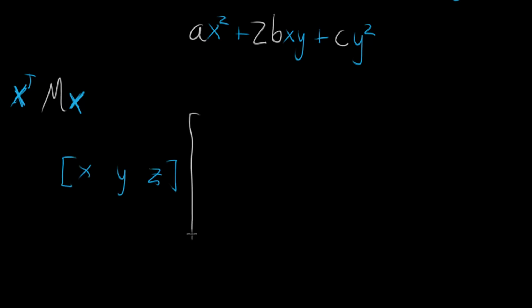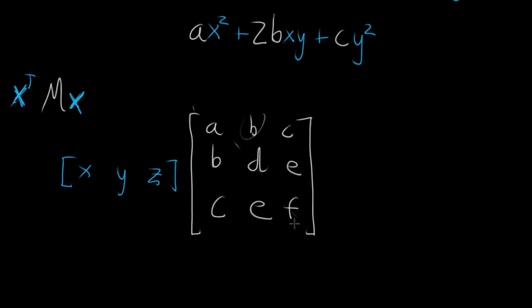And then our matrix, let's say it was A, B, C, D, E, F. And because it needs to be symmetric, whatever term is in this spot here needs to be the same as over here, kind of when you reflect about that diagonal. Similarly, C, that's going to be the same term here, and E would be over here. So there's only really 6 free terms that you have, but it fills up this entire matrix. And then on the right side, we would multiply that by x, y, z.